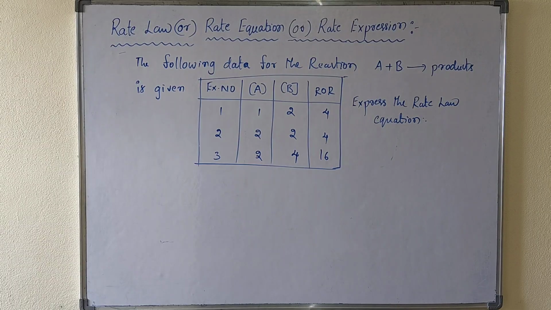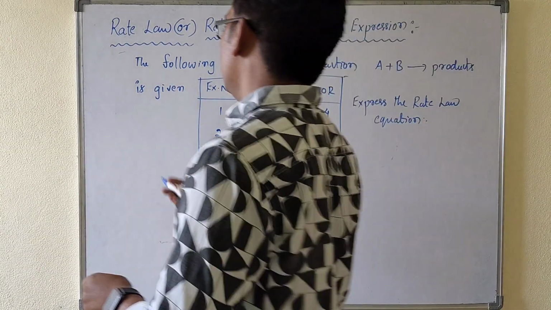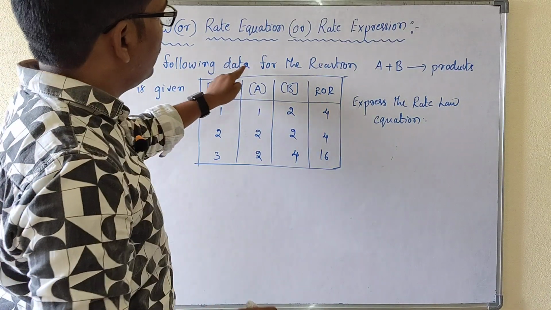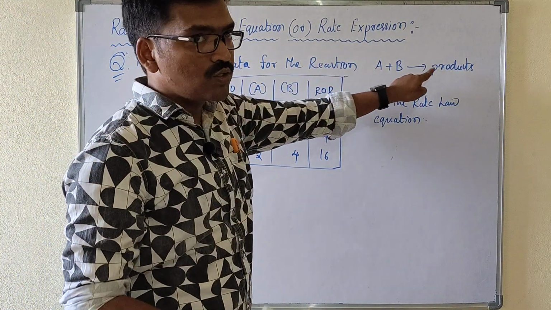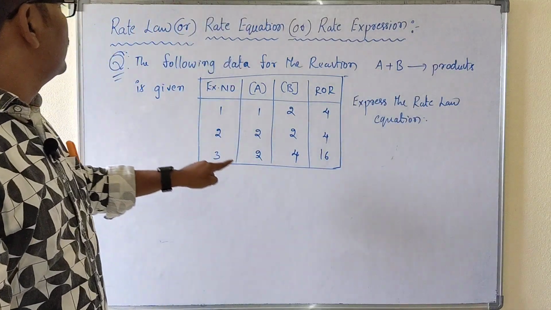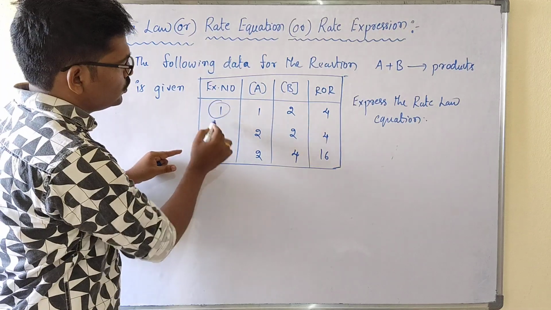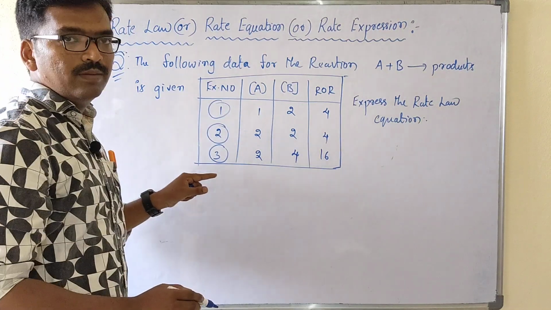See, look at, my dear students, here is one of the previous year questions. The following data is for the reaction A plus B gives products. The given data has experiment numbers 1, 2, 3, three experiments.